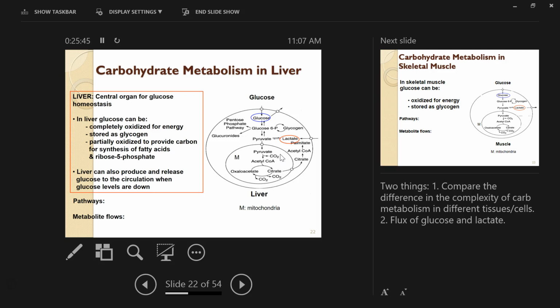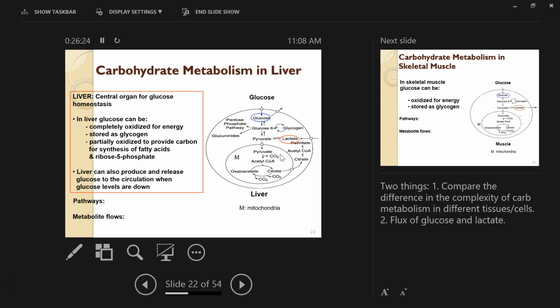I would like you to be able to recognize which type of cells it is: if I give you some kind of metabolic pathway, you can recognize whether this is a liver cell or another type of cell based on how the cell metabolizes glucose. Another thing I think is important, besides metabolic pathways, is metabolite flow.